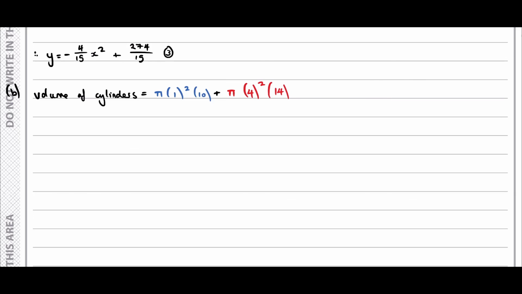So if we work this out, we get 10 pi plus 224 pi, which is 234 pi.